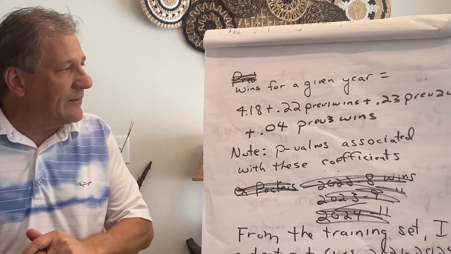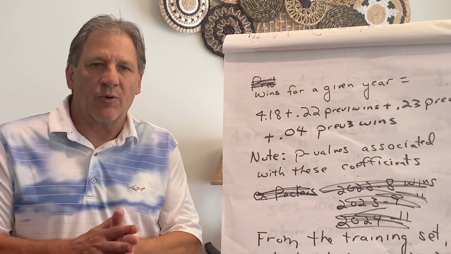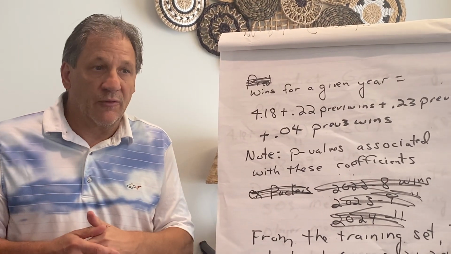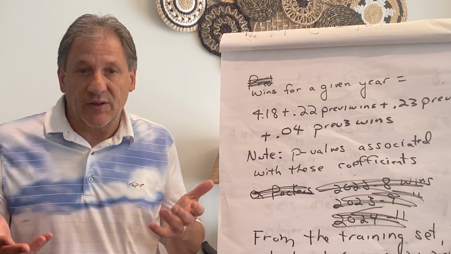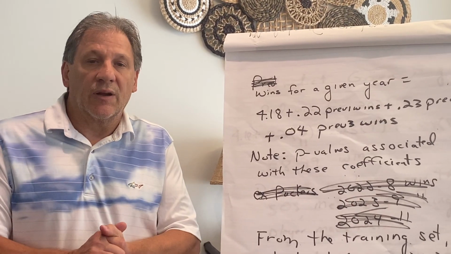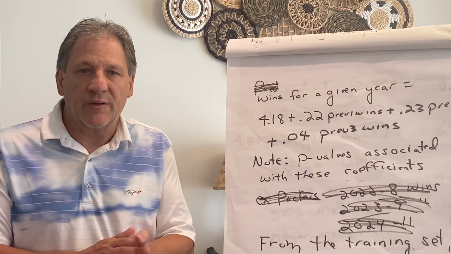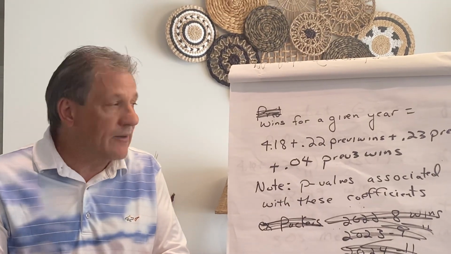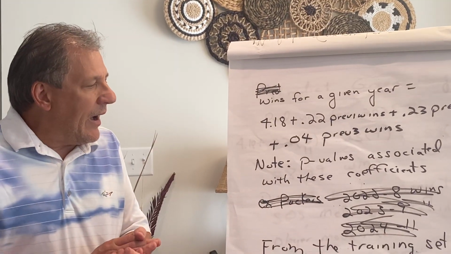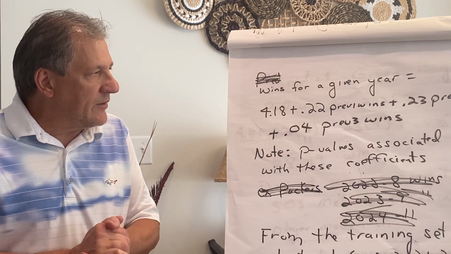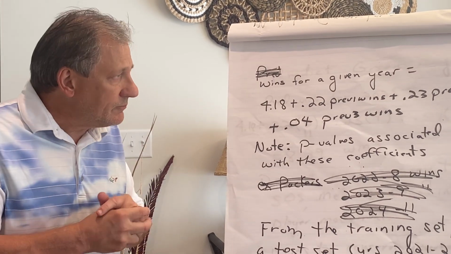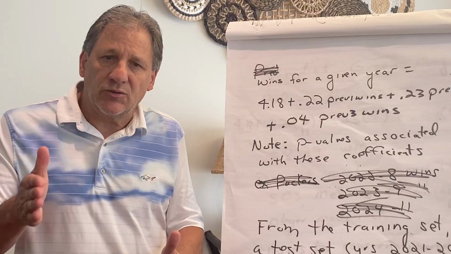So I did this. I actually have a database for wins. It goes back to, for teams' wins each game during the season for all the teams back to, I think it's like 1980. So I use a training set. I actually went from like 1980 to 2020.